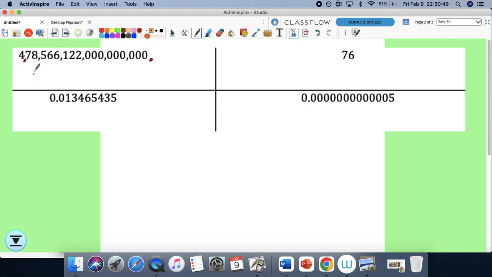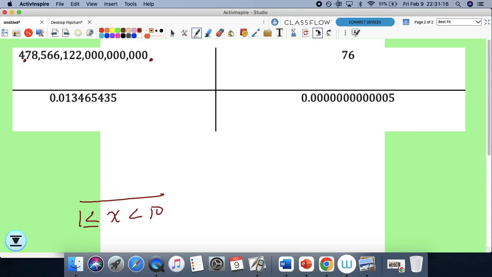Remember, it has to go to the right of 4 because our first factor has to be a number between 1 and 10. It could be equal to 1, but it has to be from 1 to 10. So you can't put that decimal here because that would make that number 47 point whatever, and that, obviously, is not a number between 1 and 10.